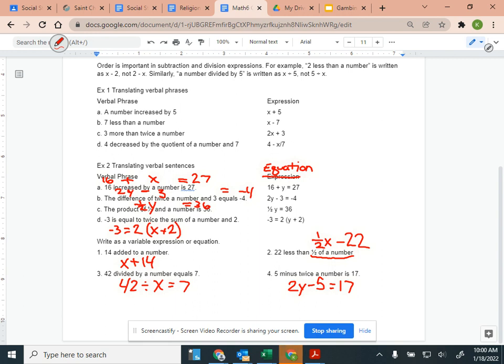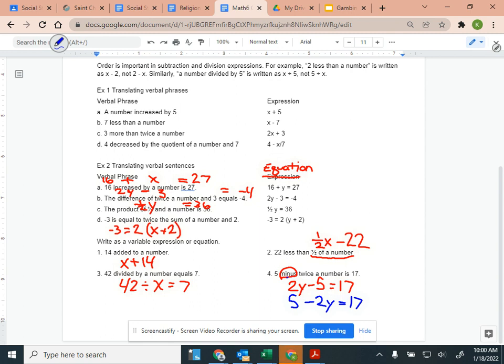Or did it say 5 less than twice a number? It's 5 less than. No, it says 5 minus. So be careful when it says 5 minus. We want 5 minus twice that number. So not every time do we have to turn it around. So be really careful reading our sentence.